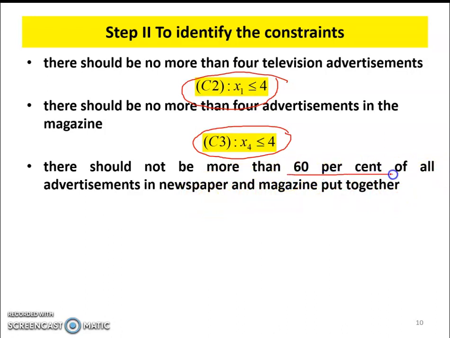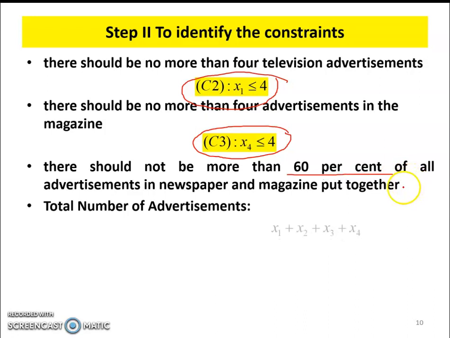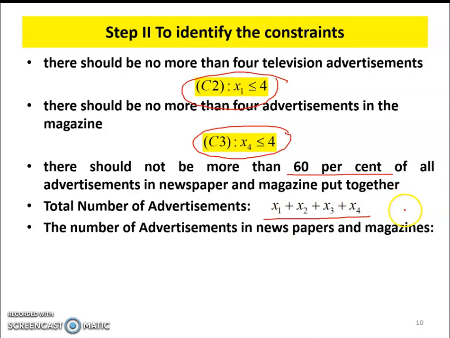So this 60%, and see, the total number of advertisements is x1 plus x2 plus x3 plus x4, and the number of advertisements in newspaper and magazine put together is x3 and x4. So this x3 and x4 must not be more than, that is, it should be less than or equal to 60% of x1 plus x2 plus x3 plus x4.